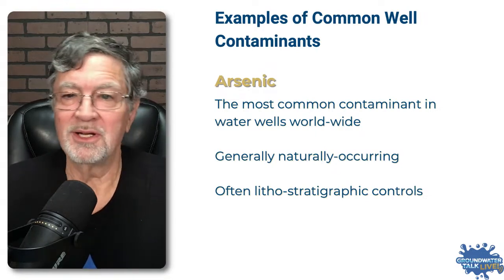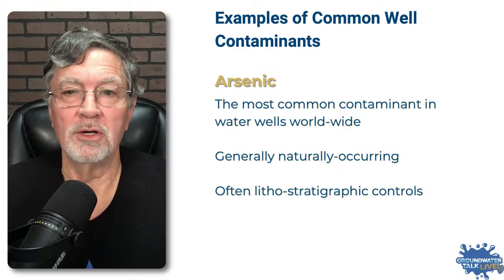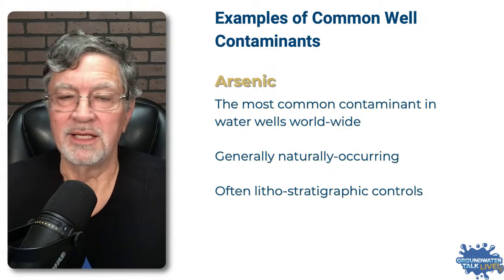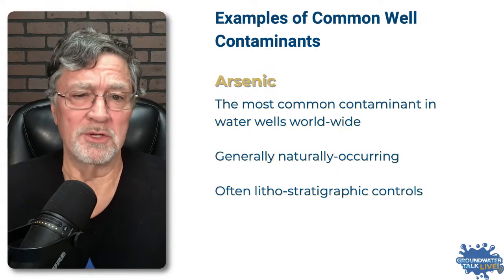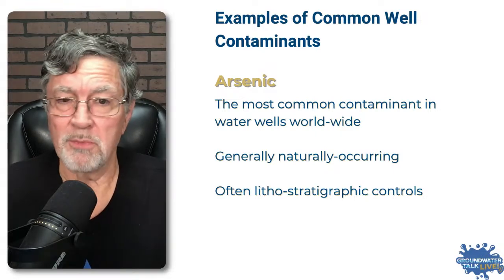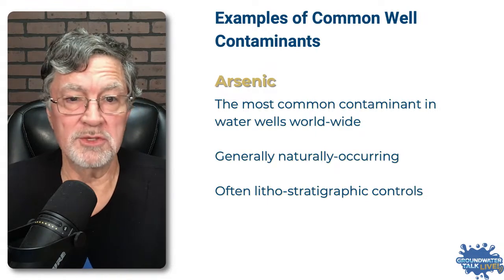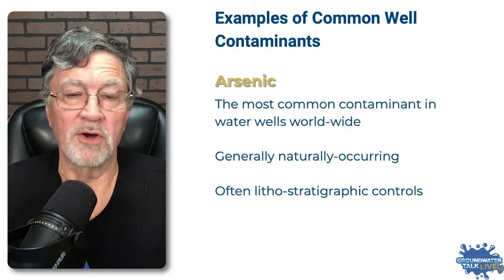Arsenic is the most common contaminant in groundwater wells worldwide. It impacts, for instance, in India, 25% of the water supply wells. Certain parts of the US, California, Nevada, arsenic is very common.